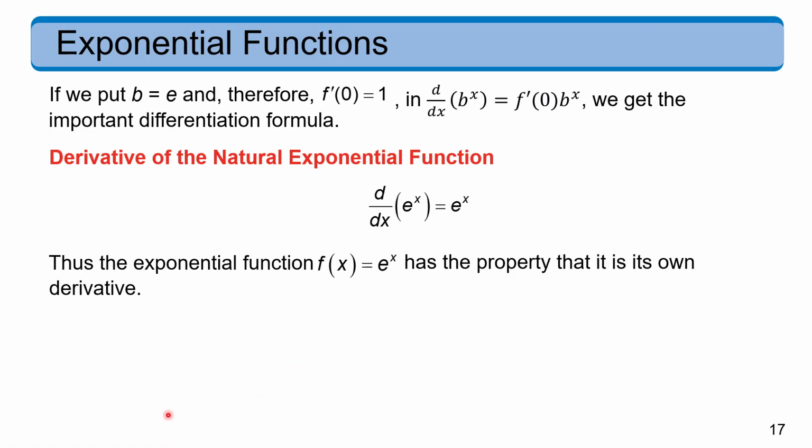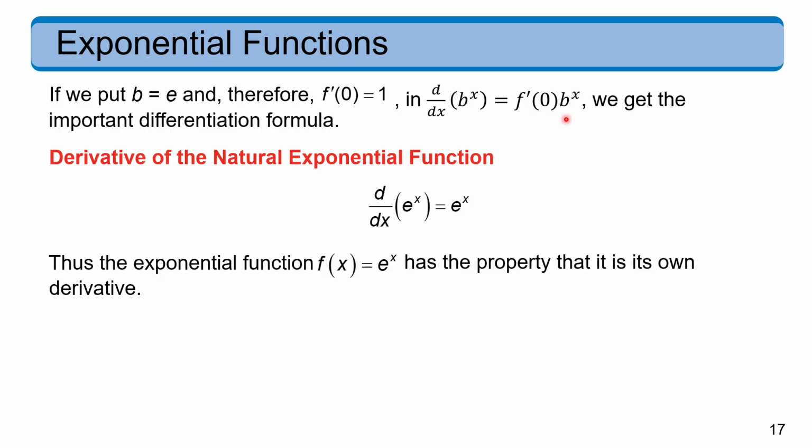So we'll summarize what we just discovered. If we take our exponential function b to the x and we use the number e in place of b, so the base is e, we just determined that for e to the x, f prime of 0 is 1. We also had this formula for the derivative of any base b to the x to be f prime of 0 times b to the x.